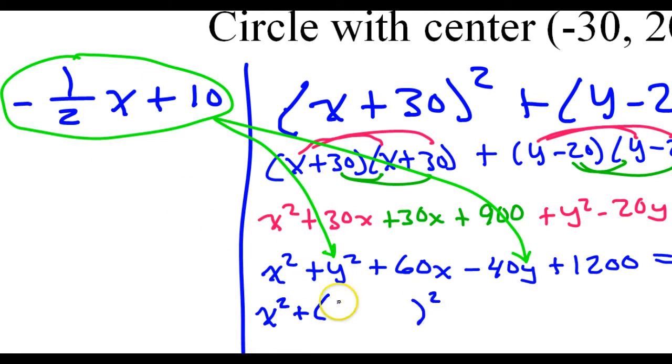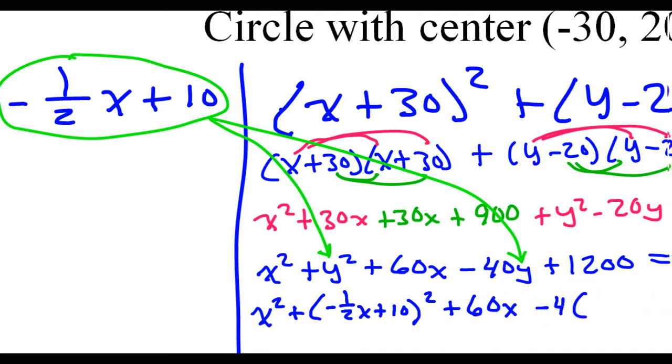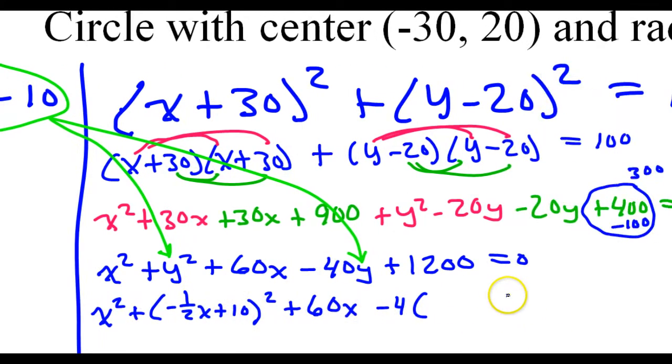And inside the parentheses I'm going to have the negative 1/2 x plus 10. And then that brings me to the 60x, and then the negative 40y. So again, for the y, I'm going to have the parentheses, and again that's negative 1/2 x plus 10. And then I've got the plus 1,200. Whoa, too many zeros.